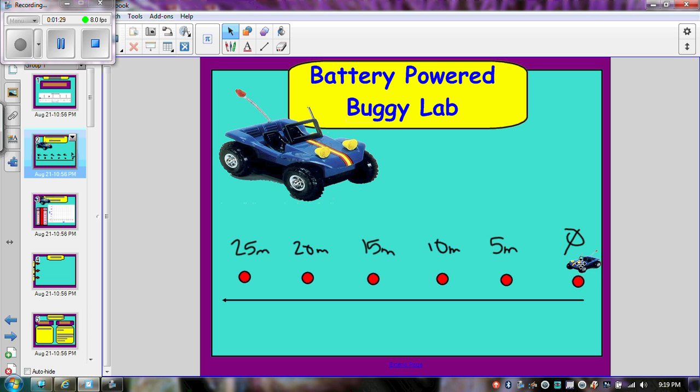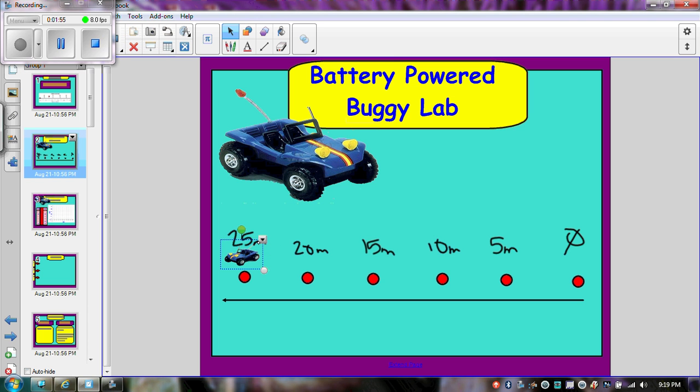So the timer would be initially at 0 seconds right here at the 0 mark. I'd let the car go, and as soon as the car passed the 5 meter mark, I would hit the time, but I would continue letting it go. As soon as it passed the 10 meter mark, I would record another time, 15, 20, and then finally I would stop the clock at 25 meters.